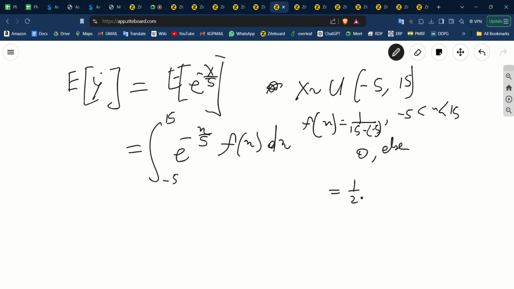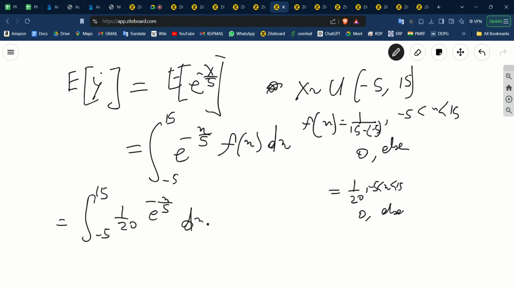So 1/20 when x is between -5 and 15, and 0 else. So this will be just 1/20 times the integral of e^(-x/5) dx. So 1/20 times e^(-x/5) divided by -1/5, using e^(ax)/a, between 15 and -5.